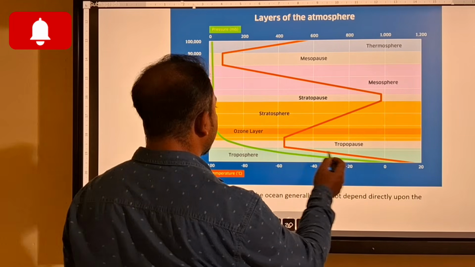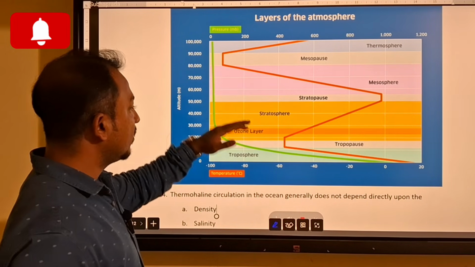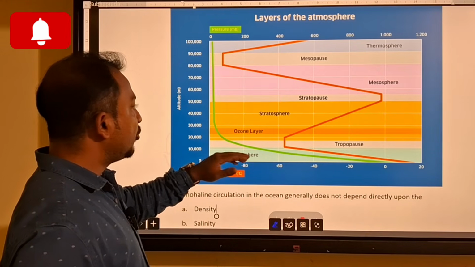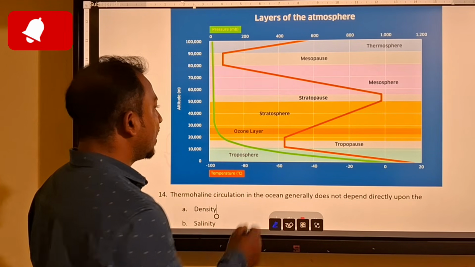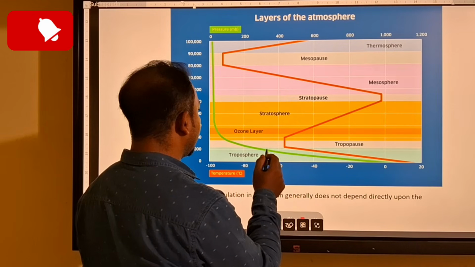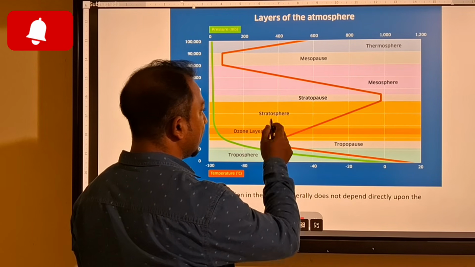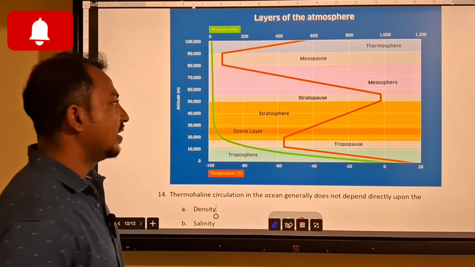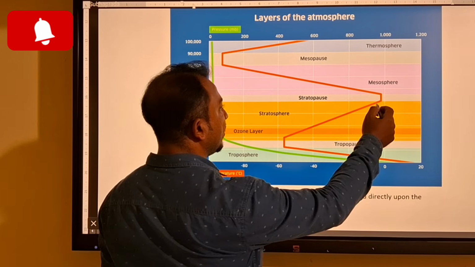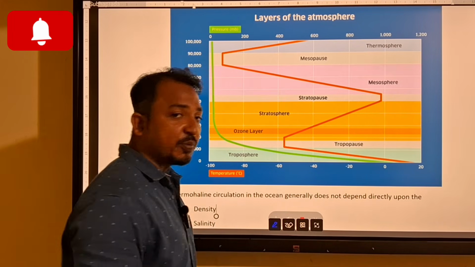Then see, in the troposphere, as you go to higher altitude, the temperature gradually decreases, and at the boundary between the troposphere and stratosphere, the temperature is constant, which is called the tropopause. In the stratosphere you will get your ozone layer. In the stratosphere, temperature again increases, then remains constant between the stratosphere and mesosphere, which is called the stratopause.